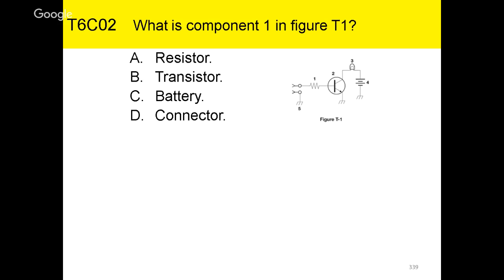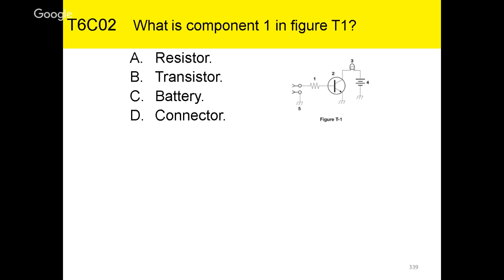Okay, what is component one in figure T1? One thing to note, and something that might help a little bit, is that it's a little zigzag line. And you note that the shortest distance between 2 points is a straight line.